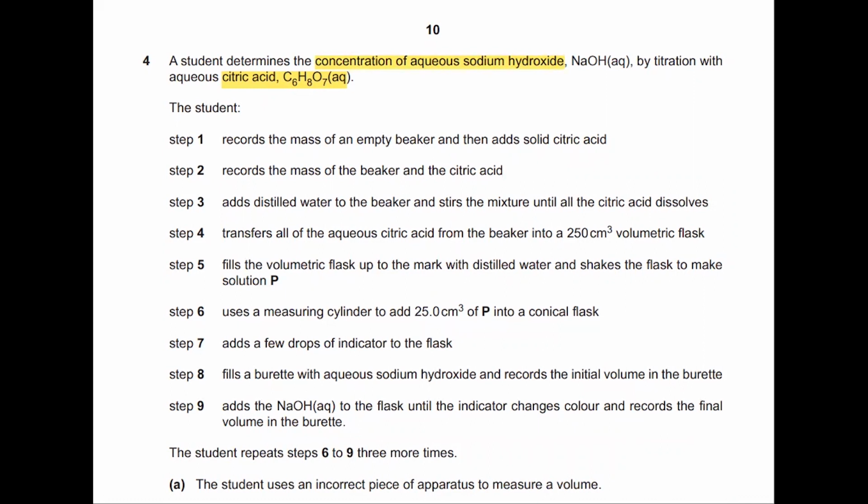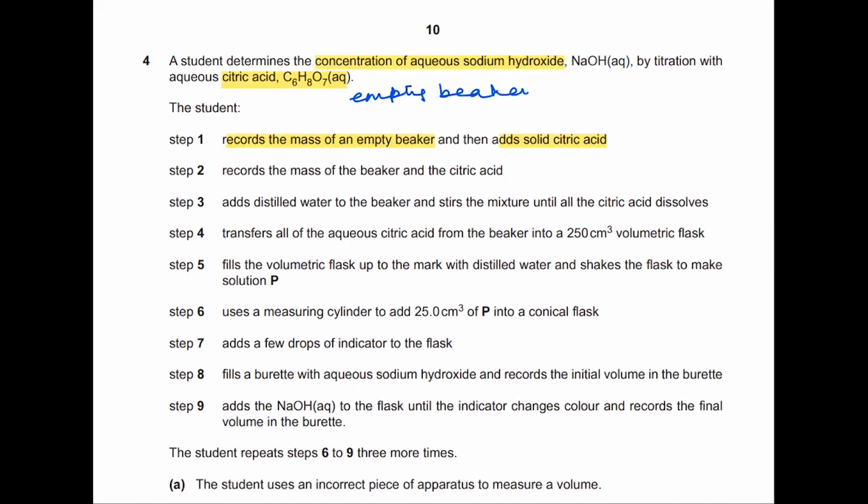So I'm reading down all the process steps here. Step number 1, the student records the mass of an empty beaker, and then he adds solid citric acid to it. Whatever the amount is given, he is going to add it to the beaker and reweigh it. First of all, he's measuring the mass of an empty beaker.